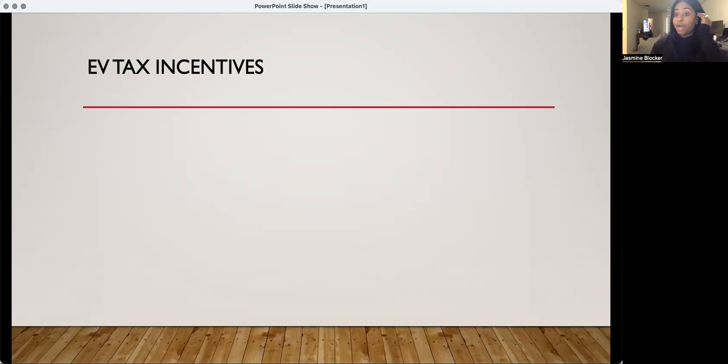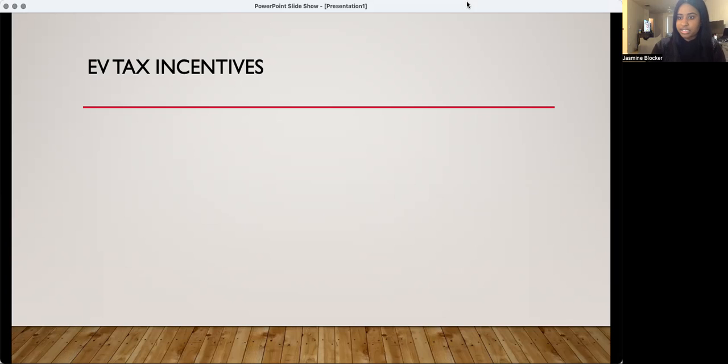So if you have had any kind of clean energy modifications, if you've had solar panels added to your roof, anything like that, I would definitely look into the next tax season what kind of incentives you can write off and what kind of tax breaks you can get for participating in the clean energy space.